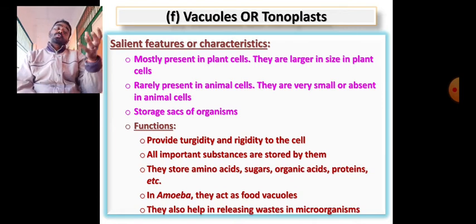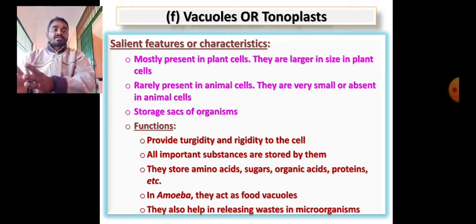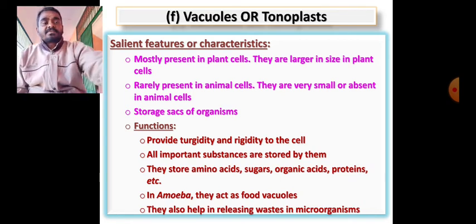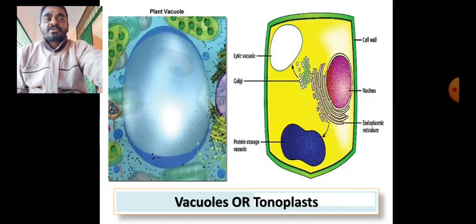It means food is stored, food is digested, energy is extracted, and after that waste materials are released. All those functions are done by the vacuoles only, like our digestive tract. The vacuoles in amoeba act like our digestive tract. That structure is called food vacuoles, and they also help in releasing wastes in microorganisms. Different types of wastes may be produced in the organism, and they are all released.